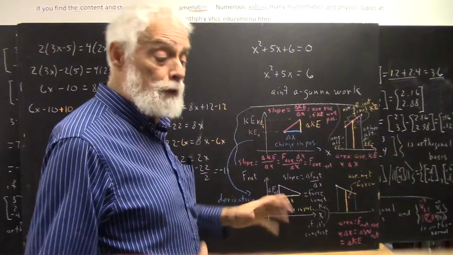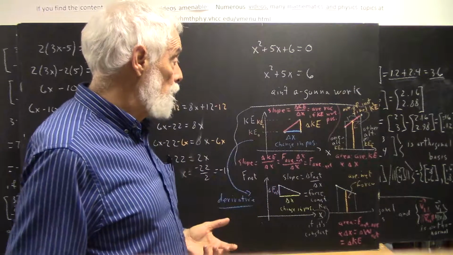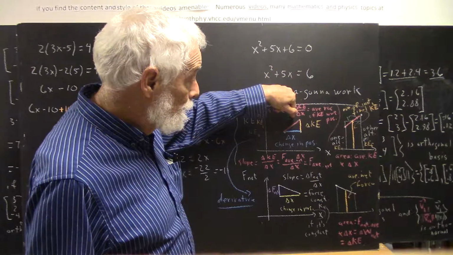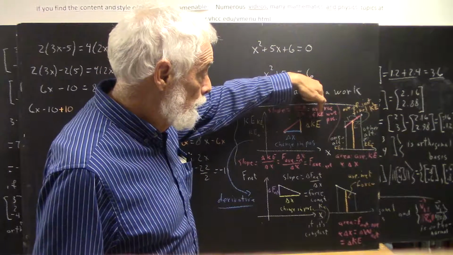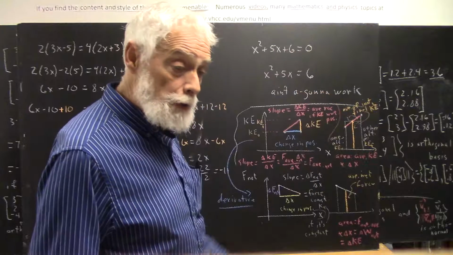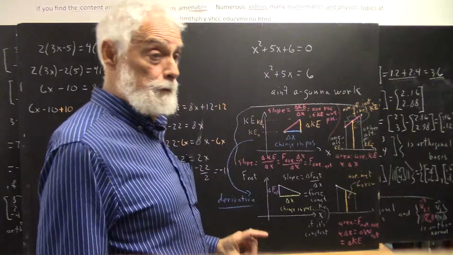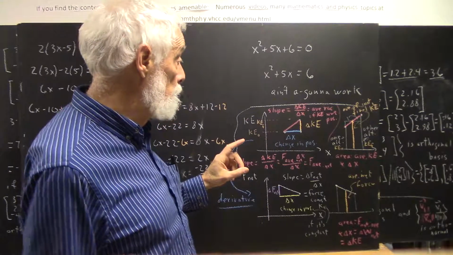Now, that always has a phrase that goes with it. It's the average rate of change of this with respect to this. In this case, it's the average rate of change of kinetic energy with respect to position. That has a meaning. And there's a very clear meaning.